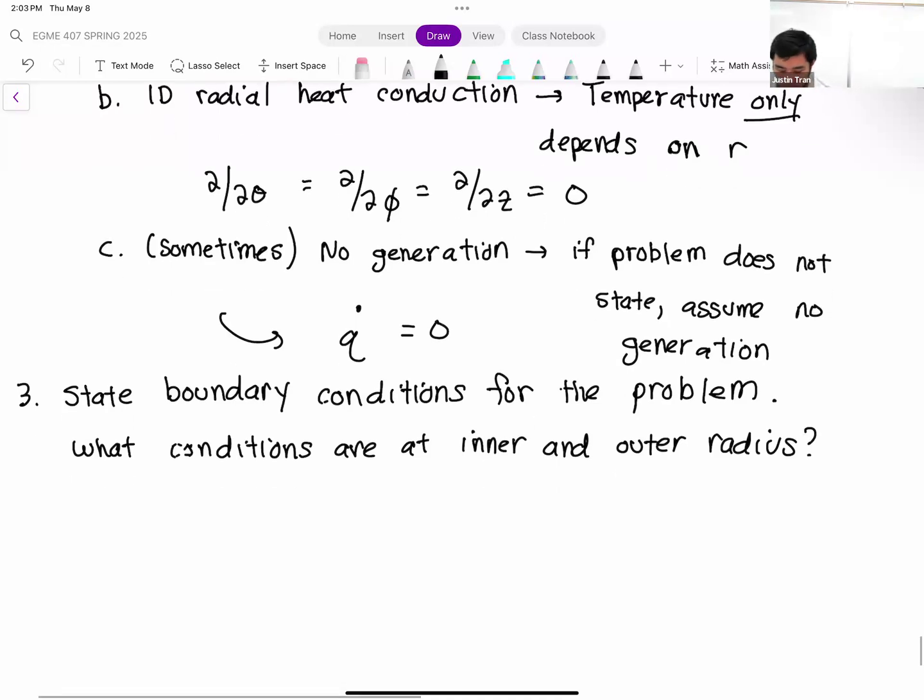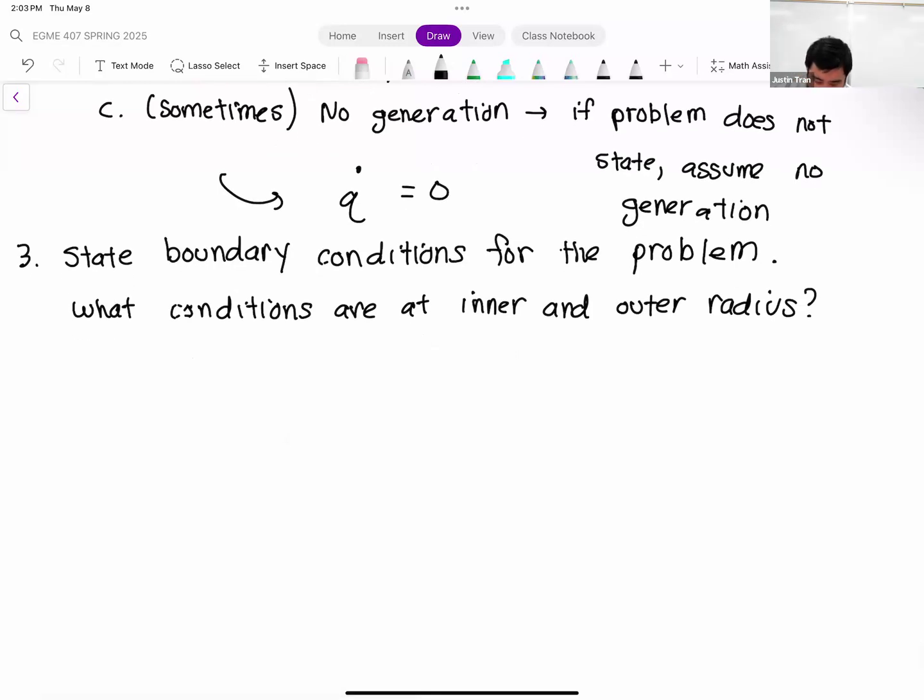And so for boundary conditions, you have 3 possibilities here. To choose the right boundary conditions, you need to look at the figure that's given to you in the problem and also read the text, because which of these 3 conditions you choose is going to depend on what the problem is stating.